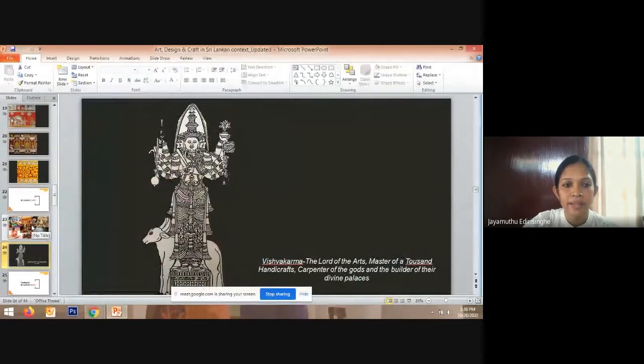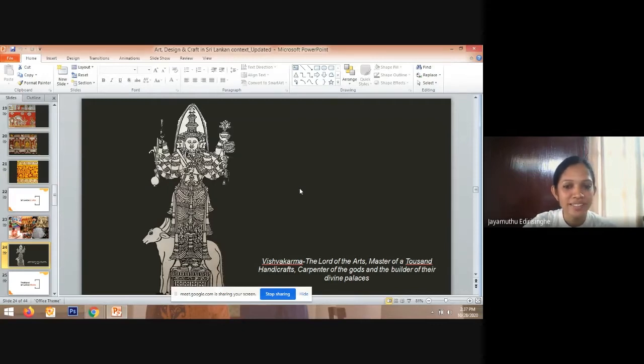To start with, I have put one image of the god Vishwakarma. We consider him the Lord of Arts and the Master of all handicrafts. I think this image is coming from Maharashtra, so it is also from India.